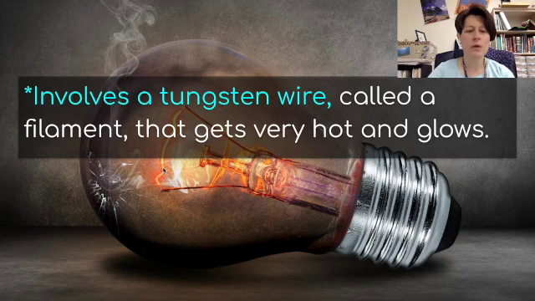This wire is made of a metal called tungsten, and it can get up to 3,000 degrees Celsius. When things get hot, they start to glow, and that's what produces the light. But a lot of heat is also produced, and that is why if these bulbs have been on for any length of time, they feel very hot and you can burn yourself.